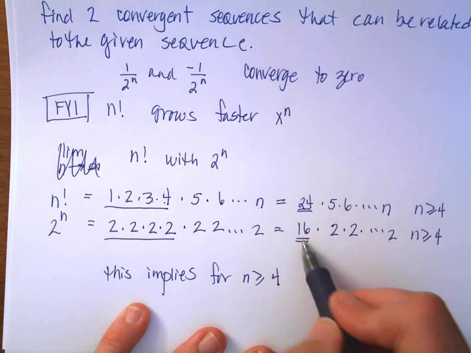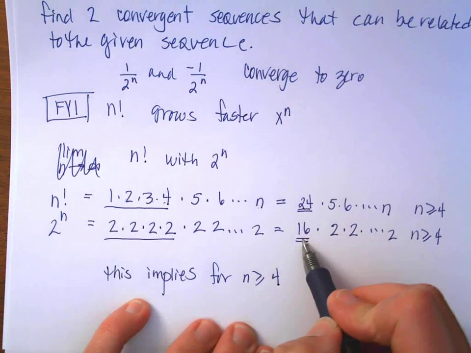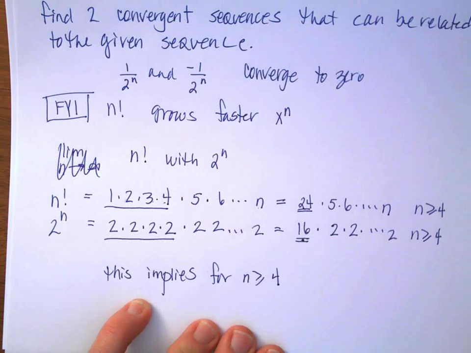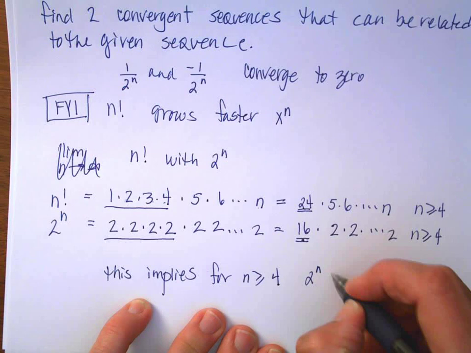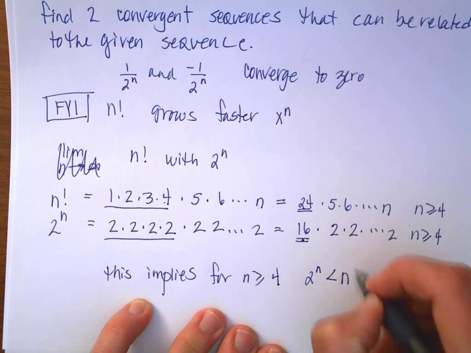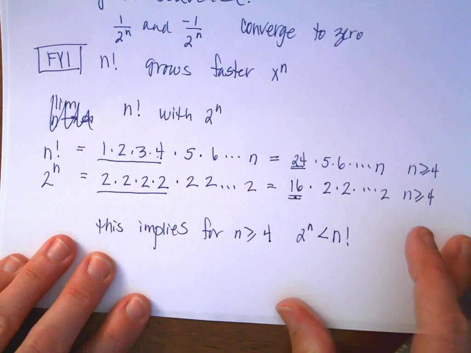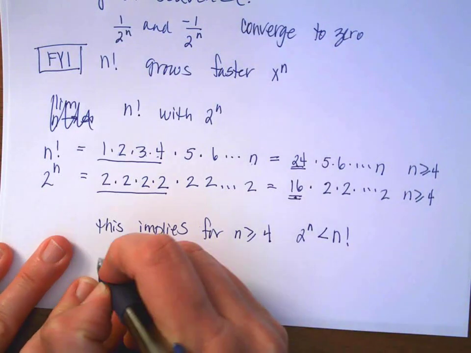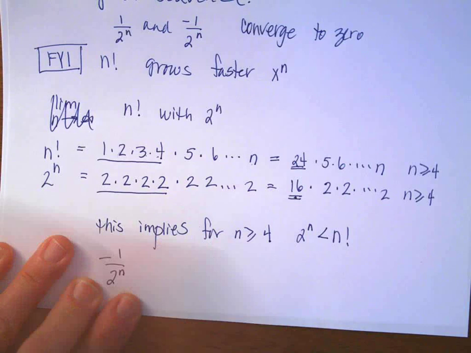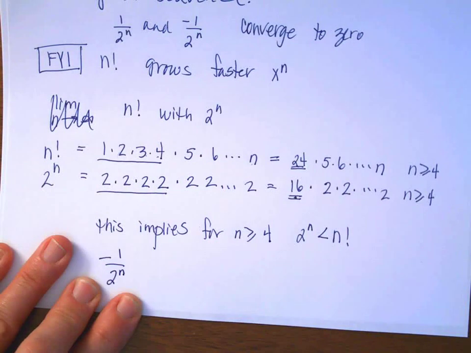So I needed to get to a point where the first product is greater than the second product. All right, so I'm going to take this expression, and write 2 to the n is less than n factorial.